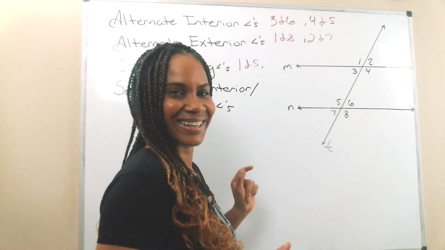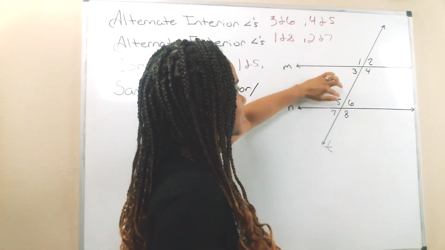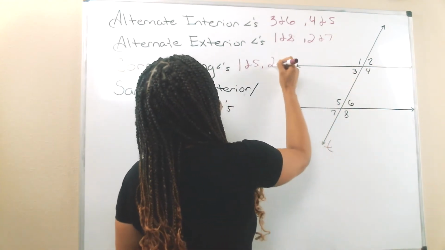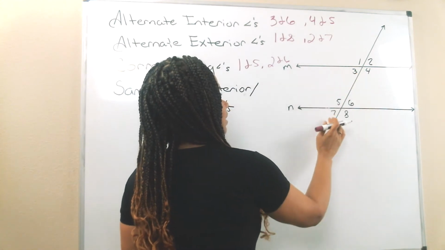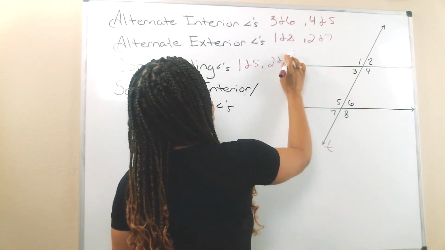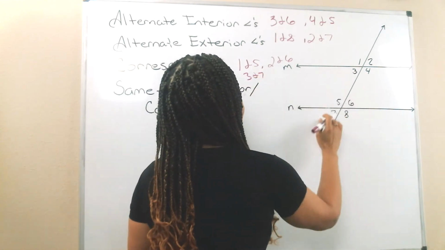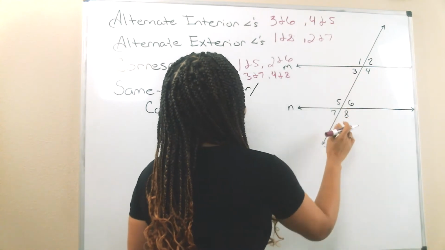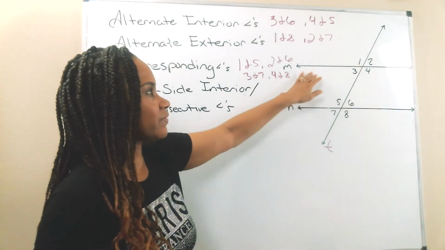They're both on the left side, right? And then they're on the upper portion of each line. So 1 and 5, and 2 and 6. All right, upper right, lower left, 3 and 7, and 4 and 8. All right, so corresponding angles are in the same position on their respective lines.